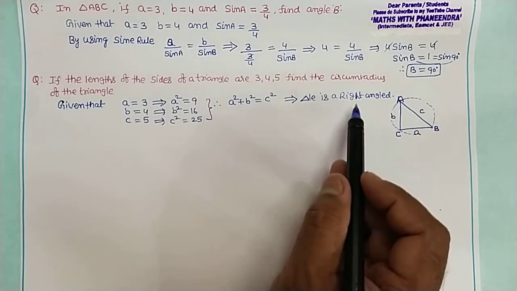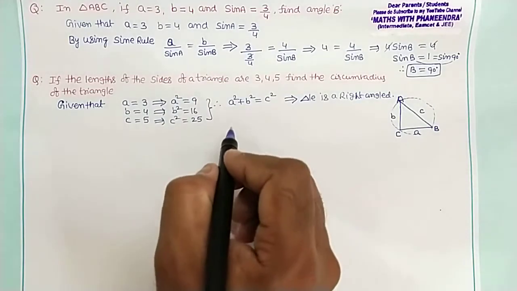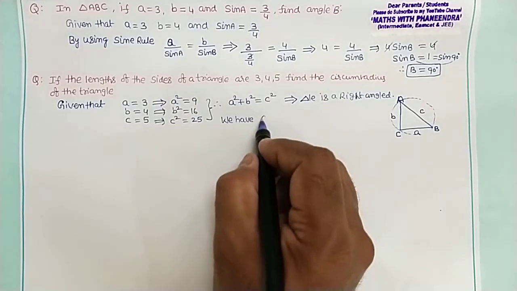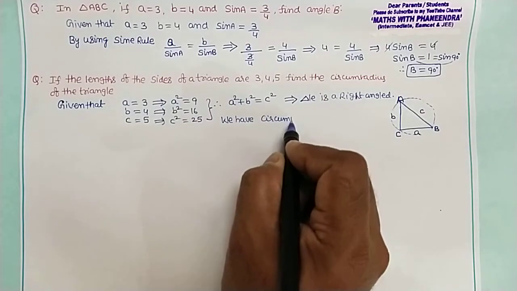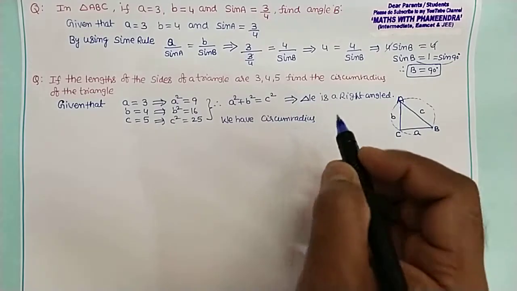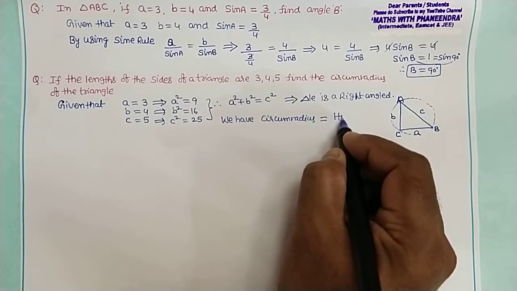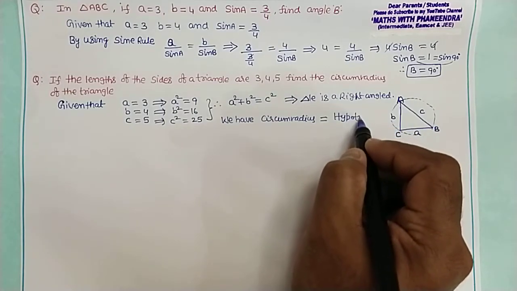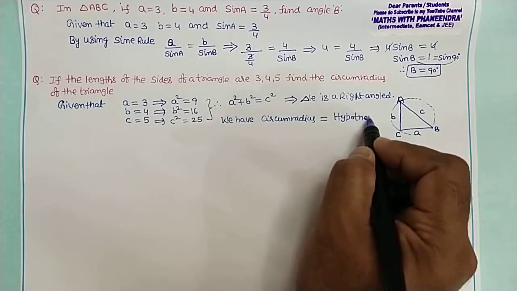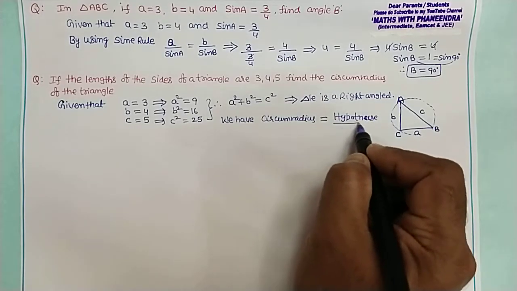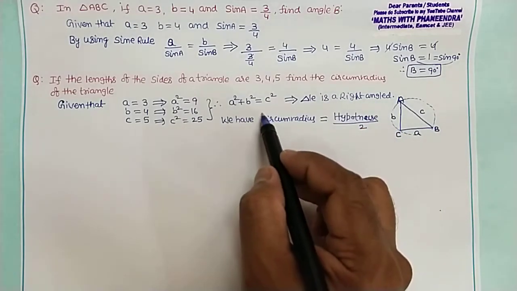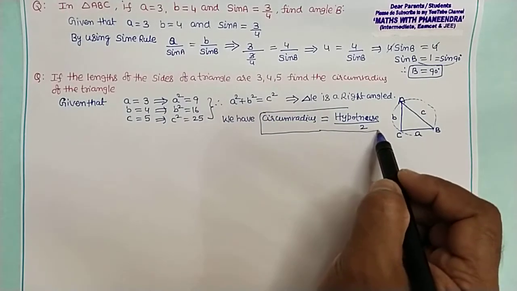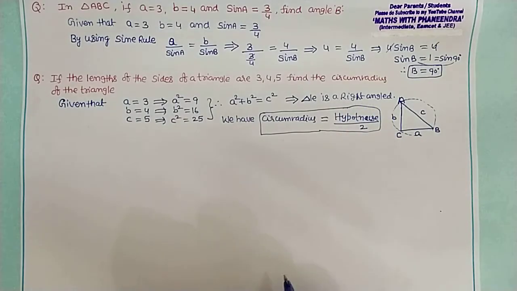We know that whenever it is a right angle triangle, we have circumradius equal to hypotenuse divided by 2. This is very important. Whenever it forms a right angle, the circumradius is equal to half of the hypotenuse.